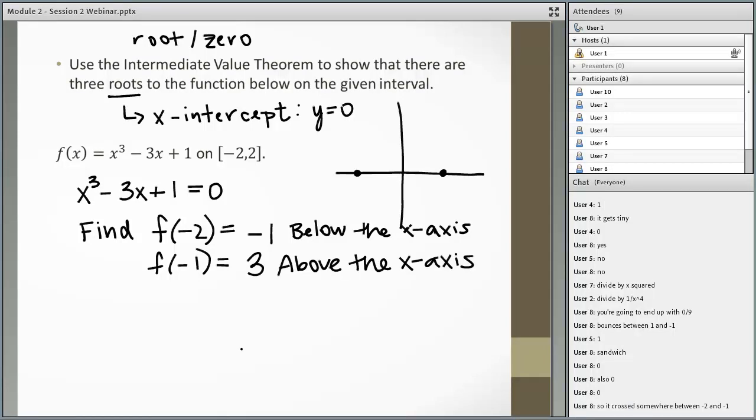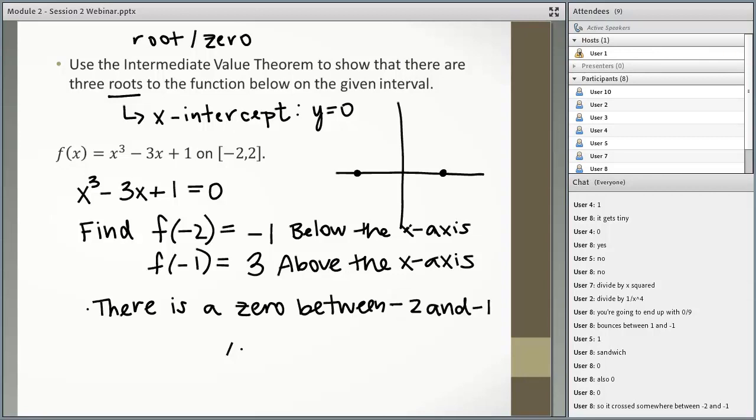Very good. So I can conclude that somewhere between -2 and -1, the graph crossed the x-axis, which means there is a 0. There is a 0 between -2 and -1, because it crossed the x-axis somewhere between there. We don't necessarily know where, but we weren't asked for that. We were just asked to show that there are 3 roots.